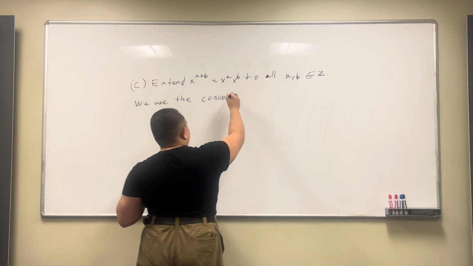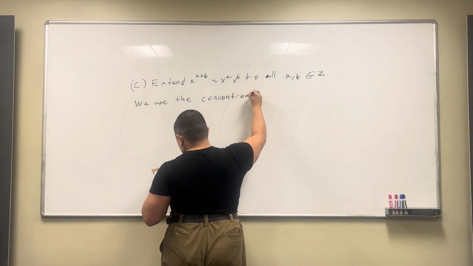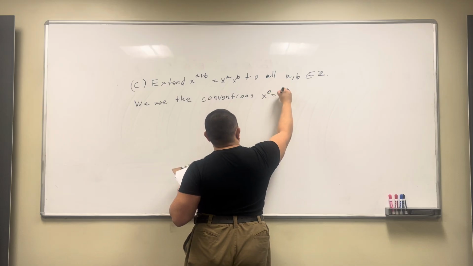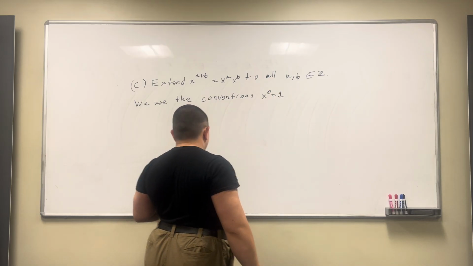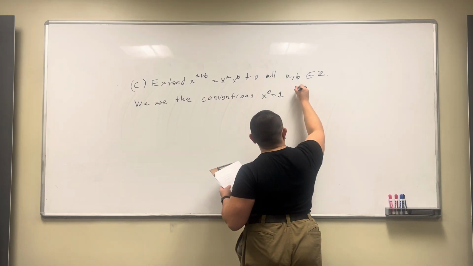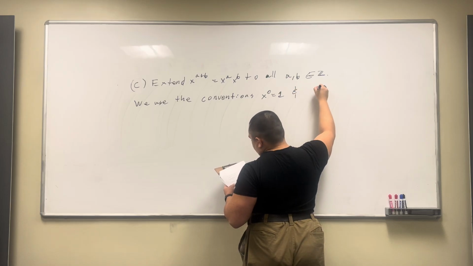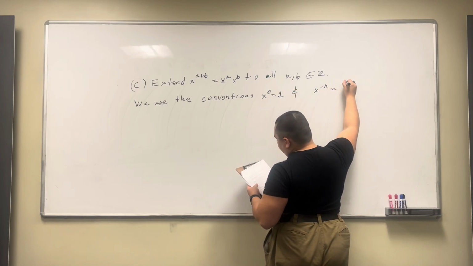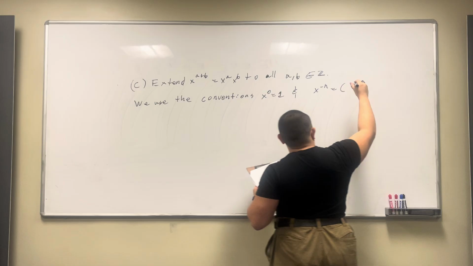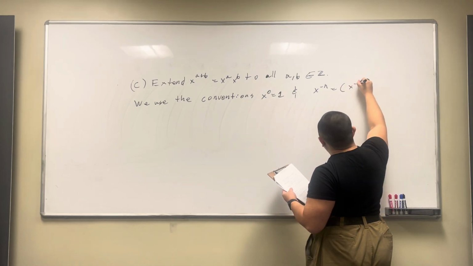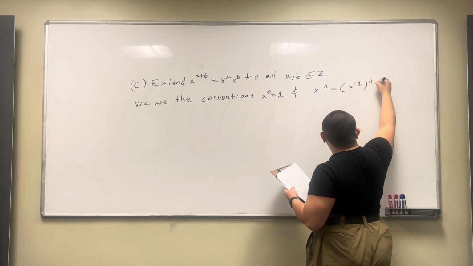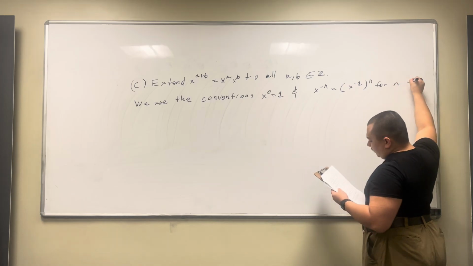So we use the conventions x^0 is equal to 1, and x^-n is equal to (x^-1)^n for n greater than 0.